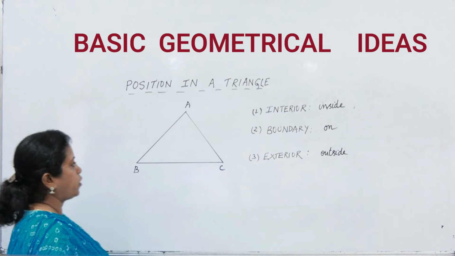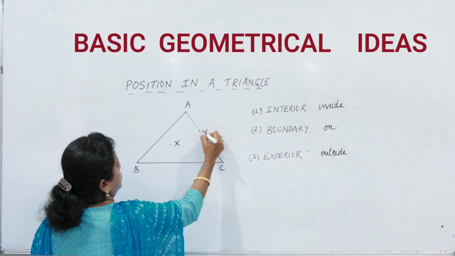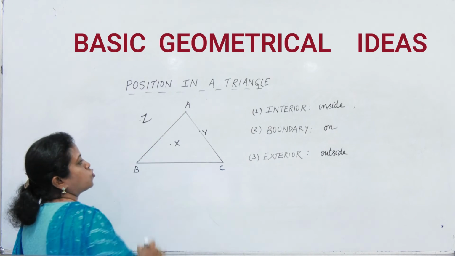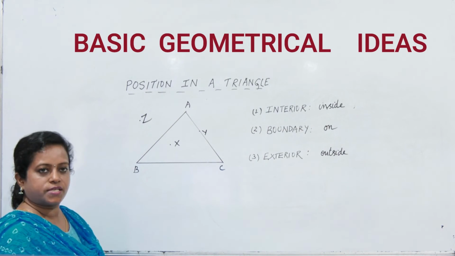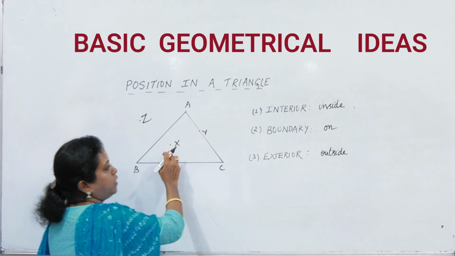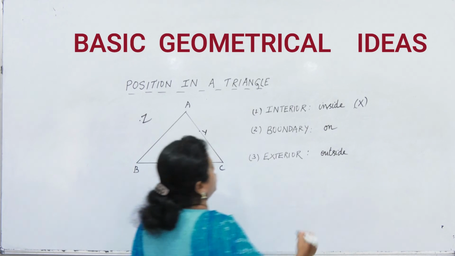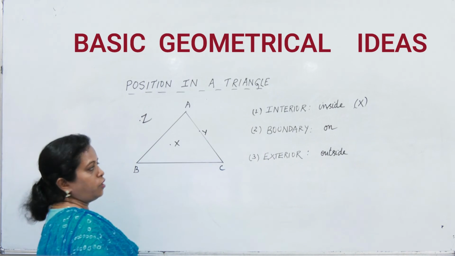Let us locate some points. Which point is in the interior of the triangle, lying inside the triangle? It is the point X. Which is on the boundary of the triangle?